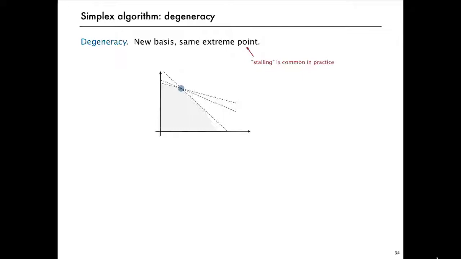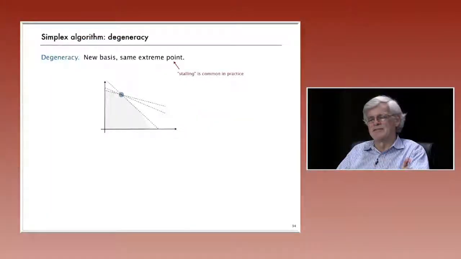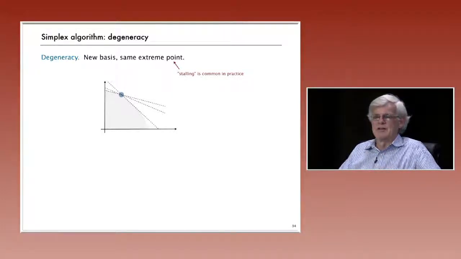Now, there are things that can happen during the execution of the algorithm that we've glossed over. One thing is that you could get stuck: you could have a new basis, you could make your substitution, but still wind up at the same extreme point, like if a bunch of lines intersect at the same extreme point.